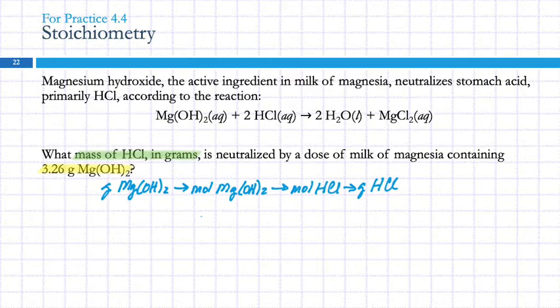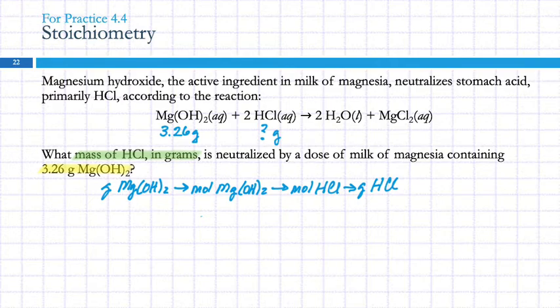I'm going to take my mass of magnesium hydroxide and write it under the formula in the equation. 3.26 grams of that. And what am I looking for? HCl in grams.